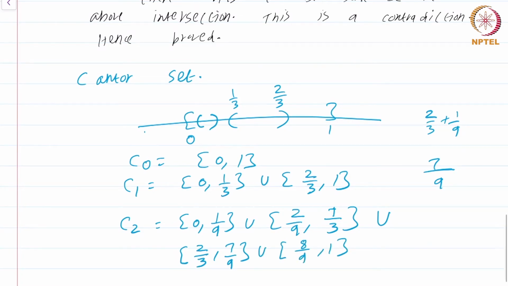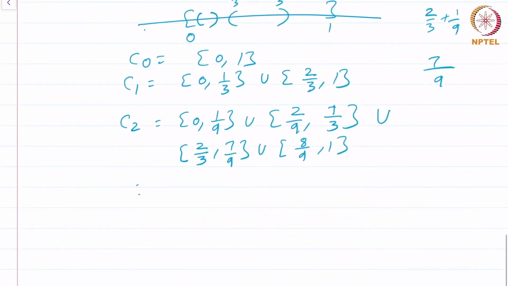I hope the procedure is clear. So you successively define C1, C2, C3, and so on. And in Cn, you look at each piece of the preceding union and remove the middle 1/3 out of it.